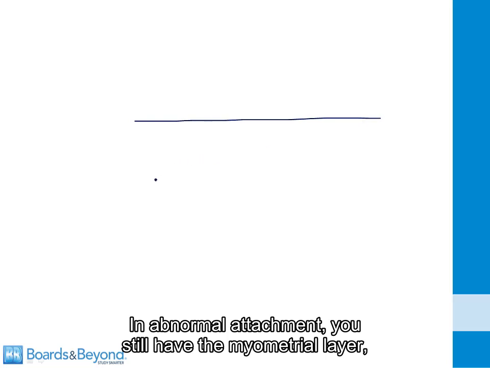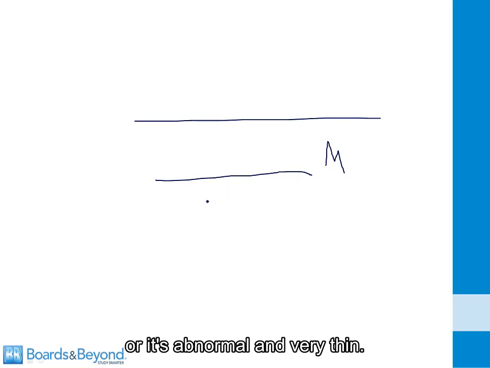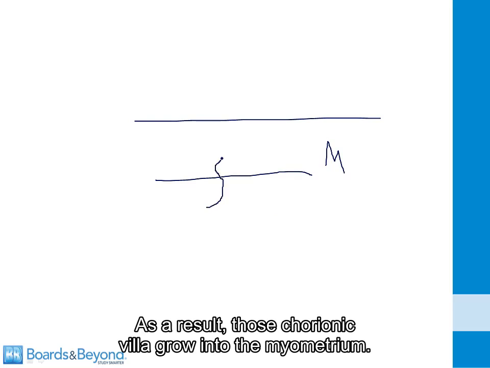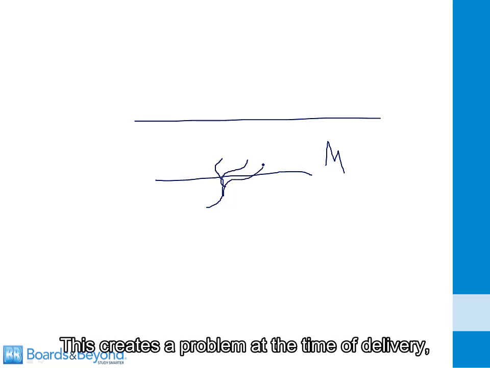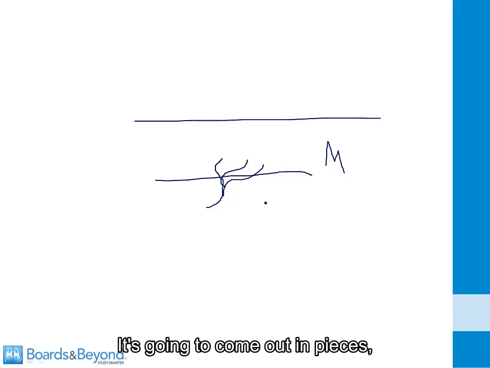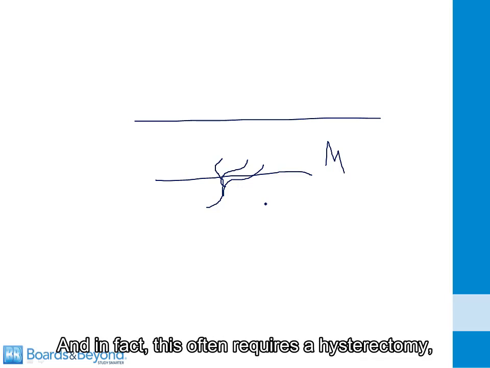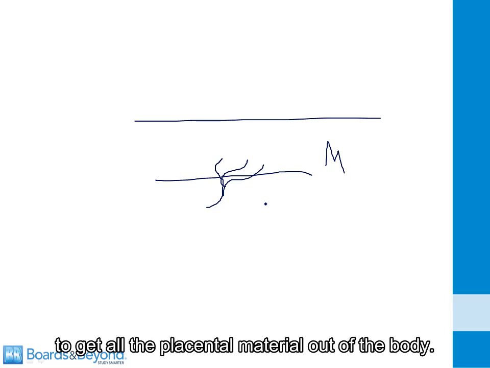In abnormal attachment, you still have the myometrial layer, but the decidual layer either doesn't form or it's abnormal and very thin. As a result, those chorionic villi grow into the myometrium. This creates a problem at the time of delivery because the placenta is not going to come out completely. It's going to come out in pieces. Much of it will be left behind stuck in the myometrium, and in fact, this often requires a hysterectomy because there's no other way to get all the placental material out of the body.